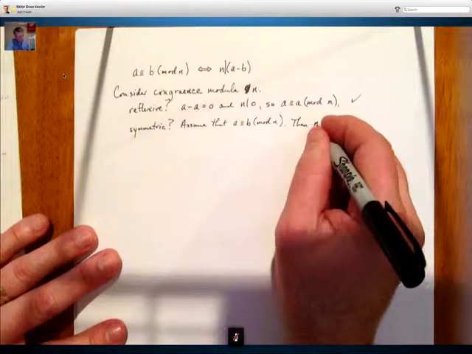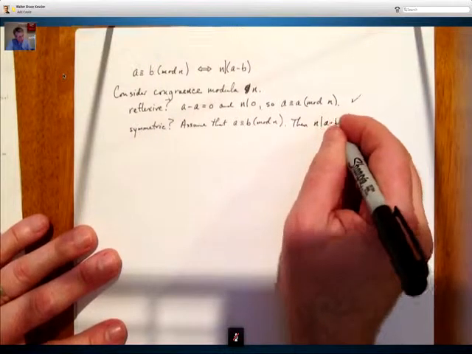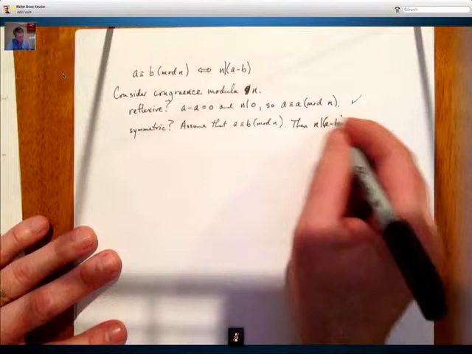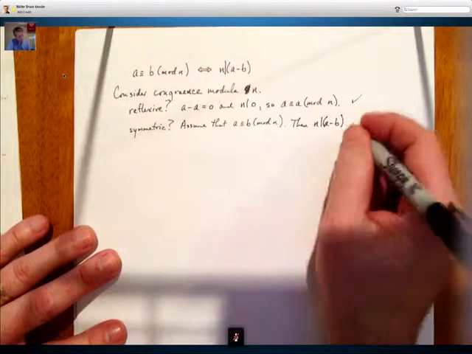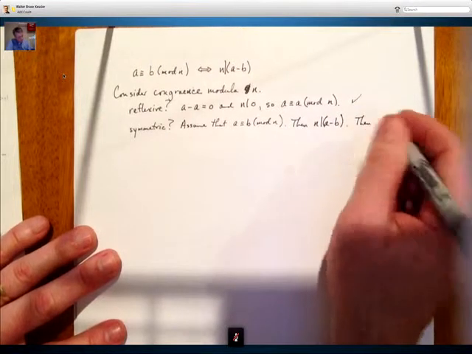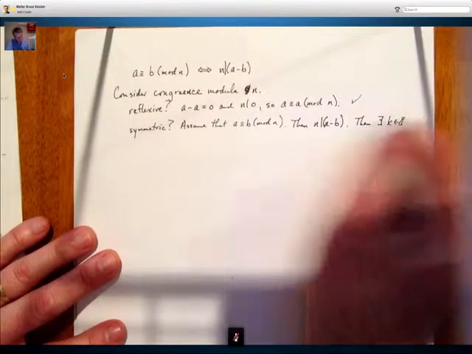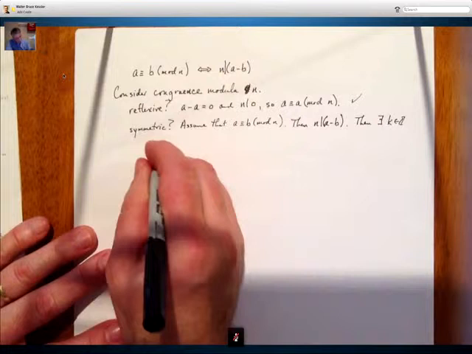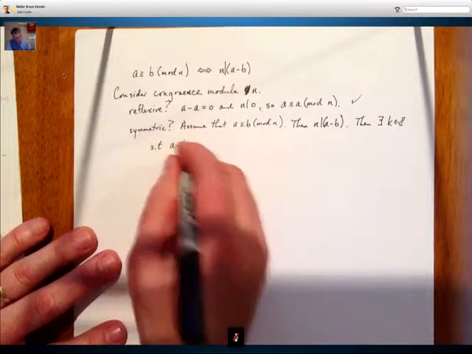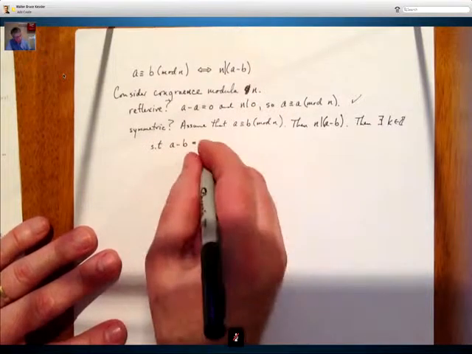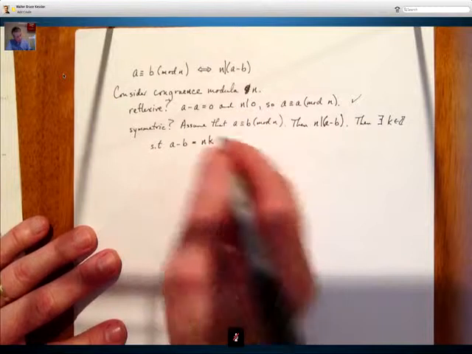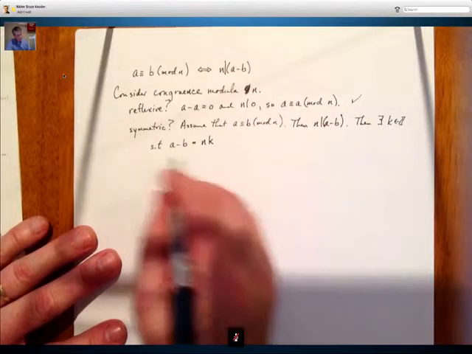Then that tells us that n divides A minus B. Then there exists some integer k such that A minus B equals n times k.